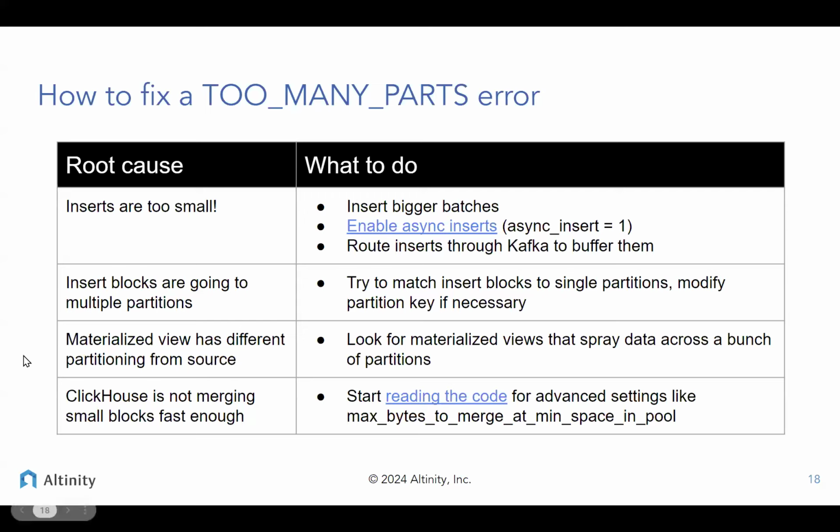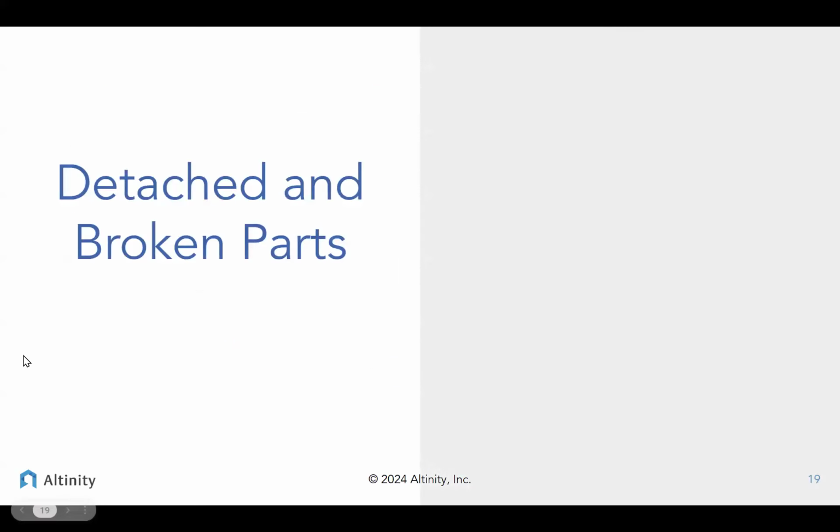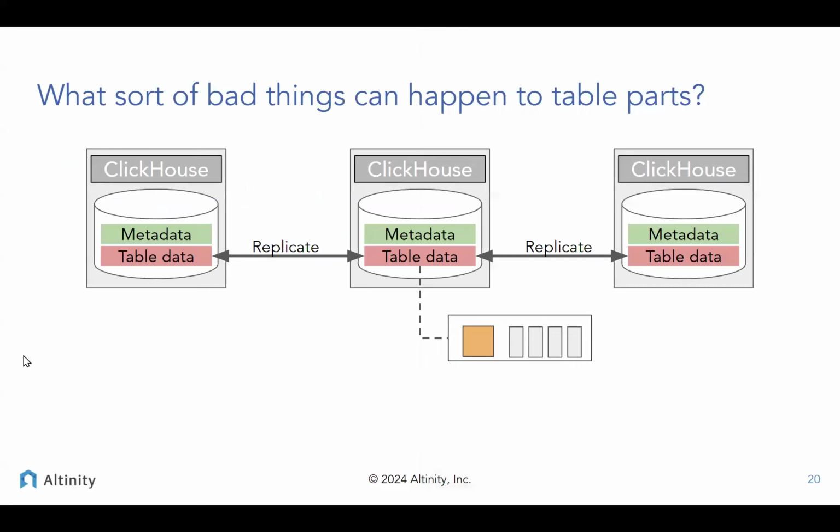Let's go now to our next problem: detached and broken parts. Speaking of parts, let's consider bad things that can happen to them. In addition to having too many parts, there are things that can happen to these parts once they're inside ClickHouse itself, and that can lead to detached and broken parts.